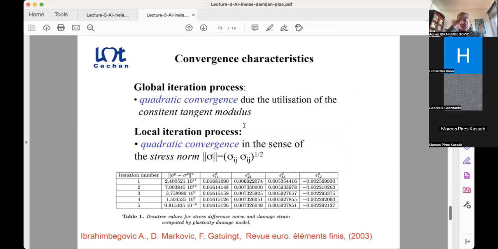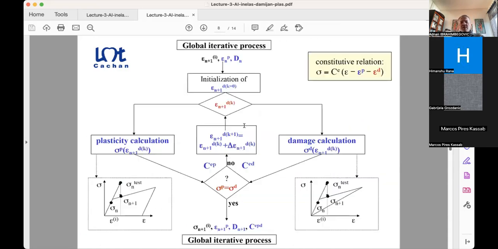Now, the whole point, if you are using this approach, is that you have this key extra loop, which has to do with the iteration at the level of the element to combine the stresses of one model and the other. Basically, you have iterative values of the damage strain that have to be updated constantly.